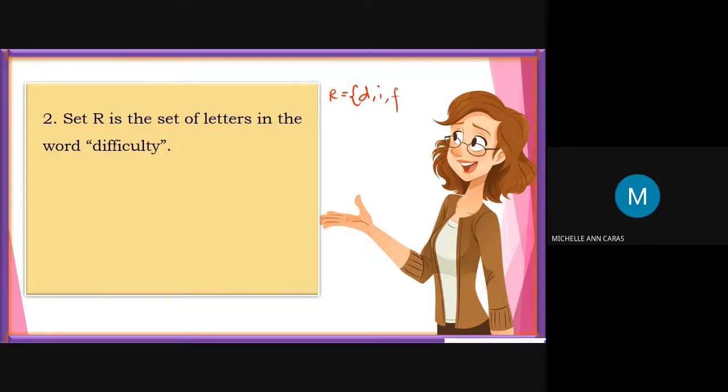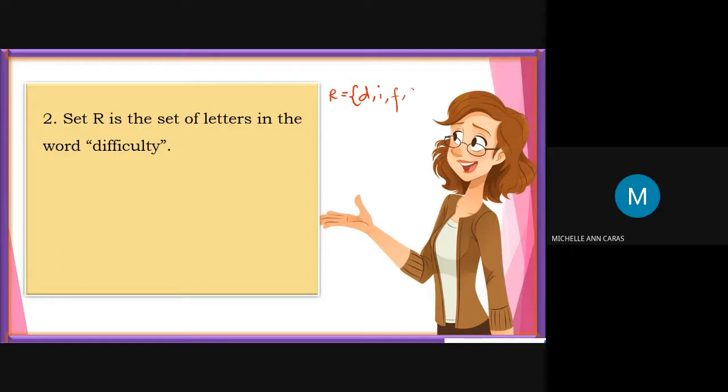So, hindi ta na ulito ng F since sa aton is the definition is set. Okay. You don't need, ang aton nga letter or any element should be listed once. Hindi siya pwede uliton. So, therefore, since dalawang F, isa lang ibutang mo. The same thing, duwa ng I ta diri. So, isa lang ang ibutang ta.